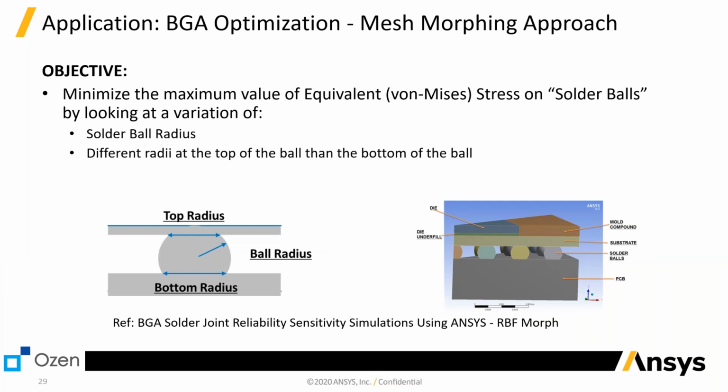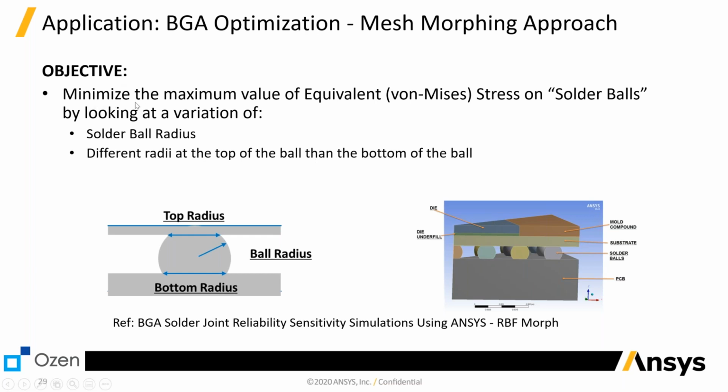So we know that the stresses are going to go up. Our objective is to minimize the maximum value of stress in the solder balls. This is a simpler demo problem, because we want to run a lot of cases really fast.